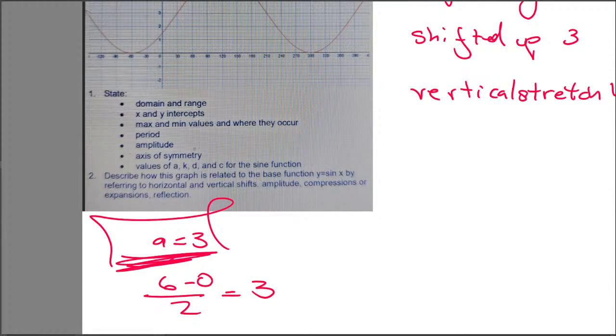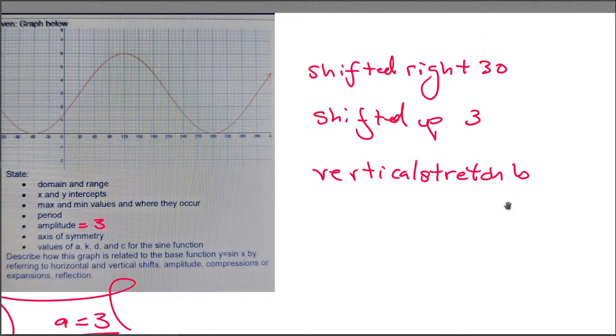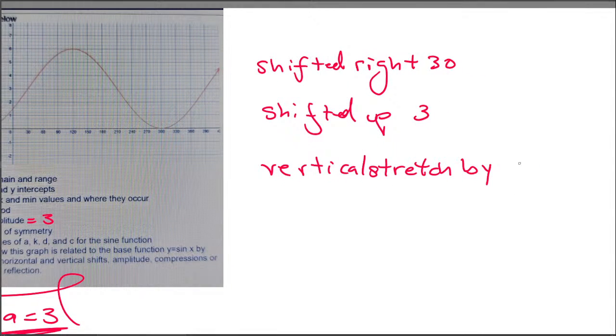Up 3, so we go down 3. Nope. It's 6. No, is it? Yeah. I'm sorry. So A is 3, and the amplitude is 3 as well. They should be the same number. I just forgot to divide by 2. Vertical stretch by a factor of 3.